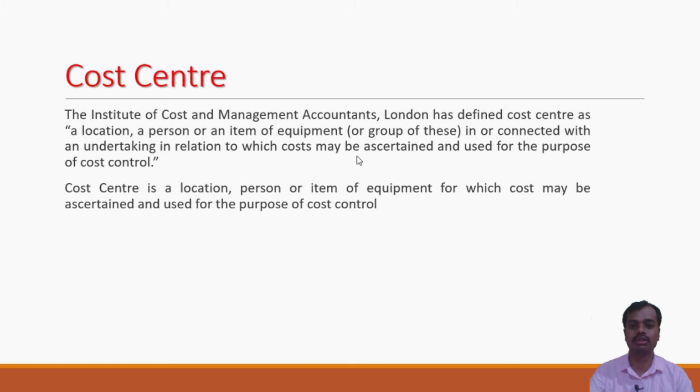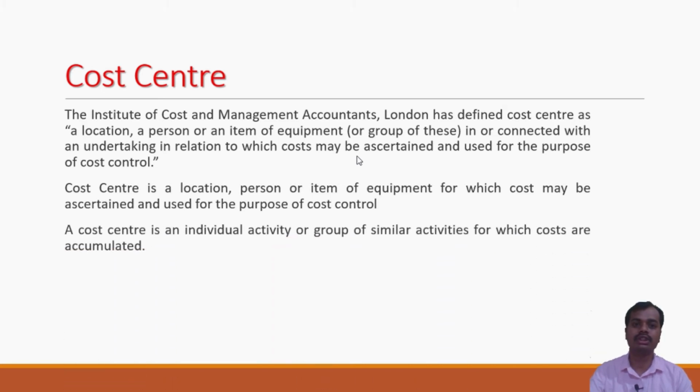Cost center is a location, person, or item of equipment for which cost may be ascertained and used for the purpose of cost control. From a functional point of view, a cost center may be relatively easy to establish, because a cost center is any unit of the organization to which cost can be separately attributed. Cost center is an individual activity or group of similar activities for which costs are accumulated.